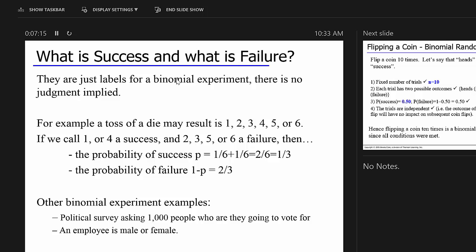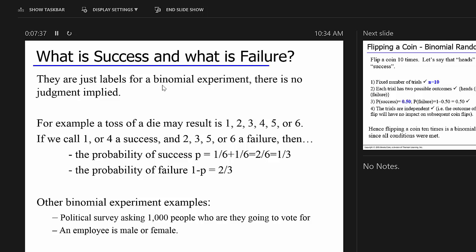So people coming out of the voting booths, they're asking them, who did you vote for, Republican or Democratic candidate? And the assumption here is that every time you ask a person whom they voted for, that's a trial, right? And it can result in one of two outcomes. It's either Republican or Democratic candidate.